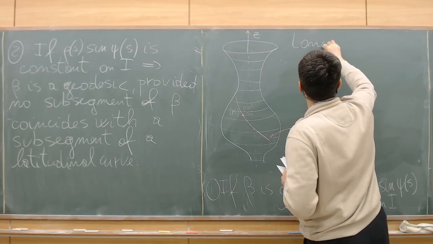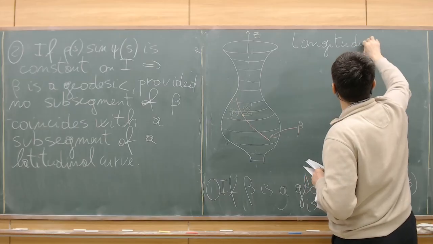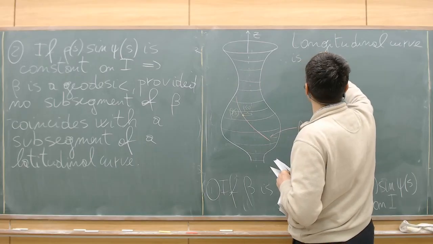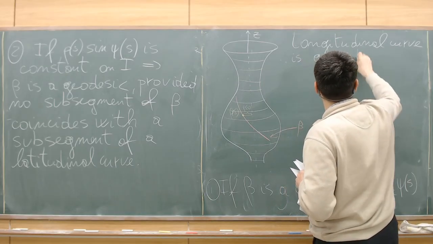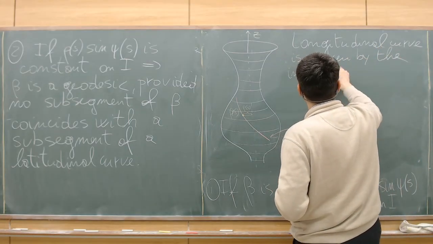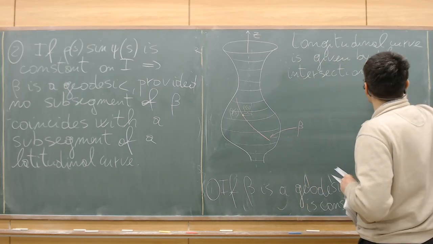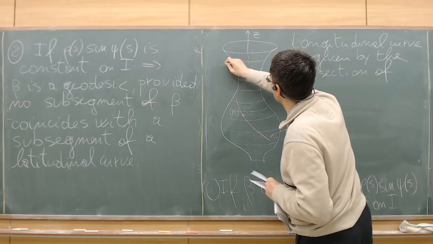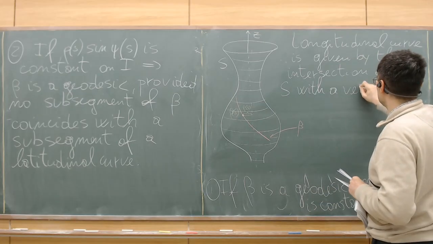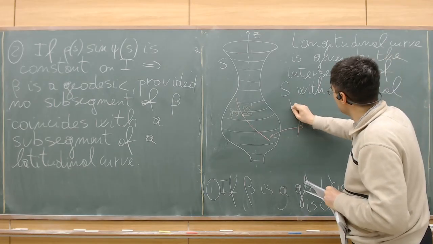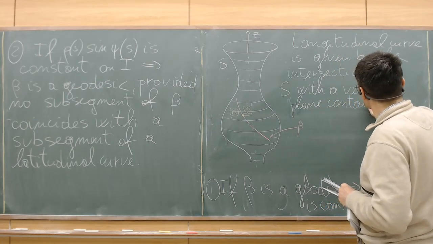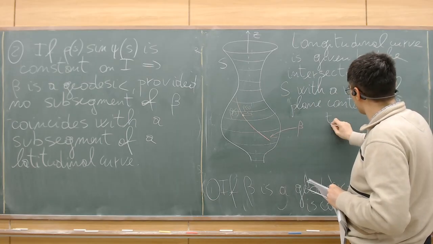The longitudinal curve is essentially given by the intersection of S, which is our surface, with a vertical plane containing the z-axis.